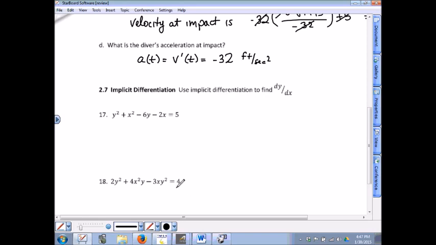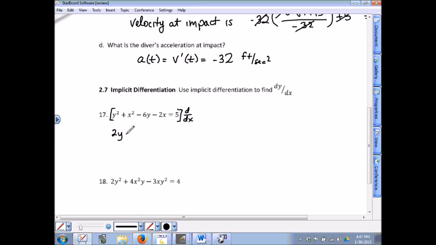Okay, so 2.7 implicit differentiation. What we do is we take the derivative of this entire equation with respect to x. So the derivative of y squared is 2y, but since we're taking the derivative with respect to x, we have to do a chain rule with y, because y represents a function of x.